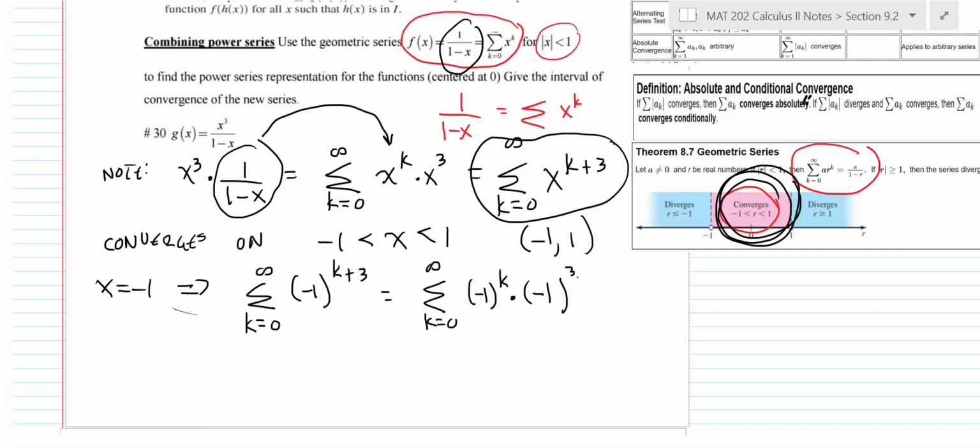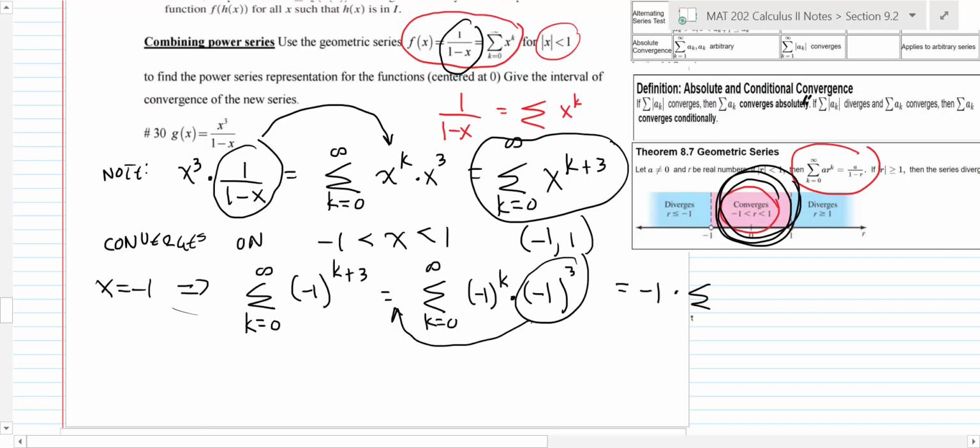So there's a couple of things that you could do on this. First of all, this thing right here is a constant, right? So if it's constant, we know that can come out. And that's really -1. -1 to the third is -1. So we could write that as -1 times the series k equals 0 to infinity of -1 to the k.